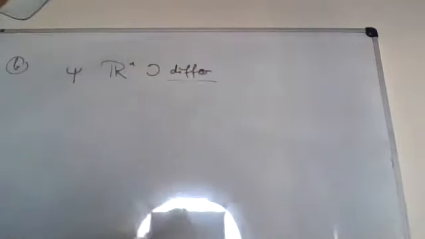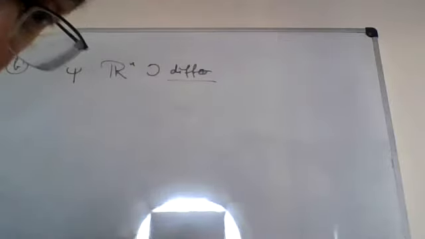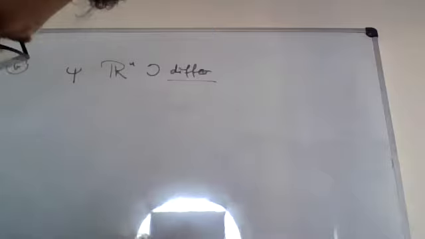So I take a diffeomorphism of Rn, and I will now produce from it a symplectomorphism of R2n.